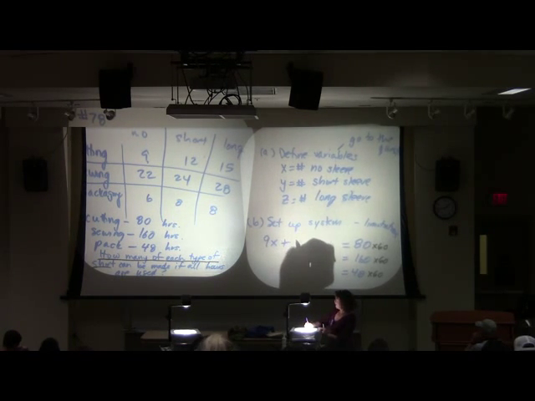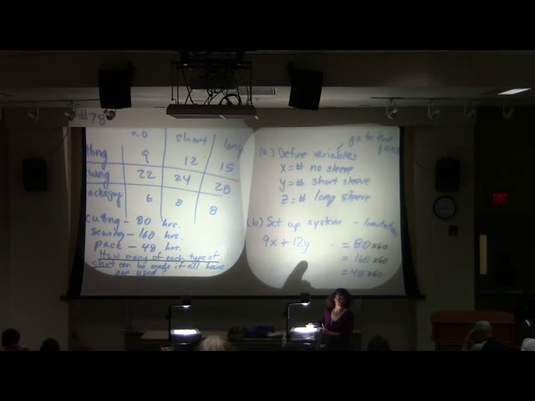What's the total amount of time we spend with our short sleeve shirts? 12y. Right? It's 12 minutes per batch times the number of batches. And then don't I have plus 15z? Guys with me there? Do you see how this corresponds to that nitrogen, phosphate, potassium example we did last time?